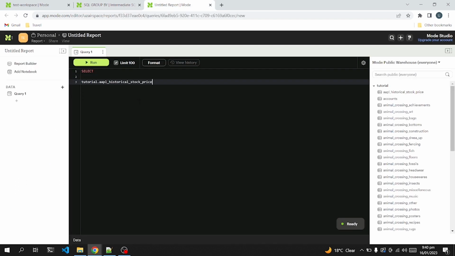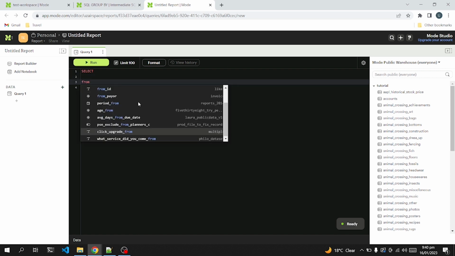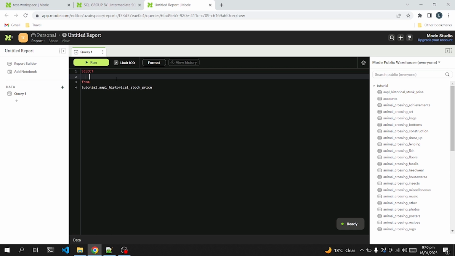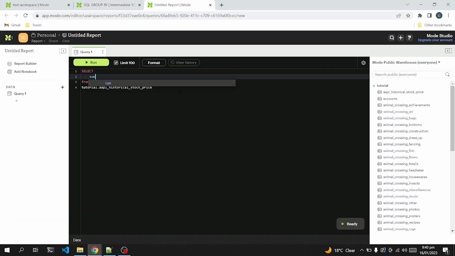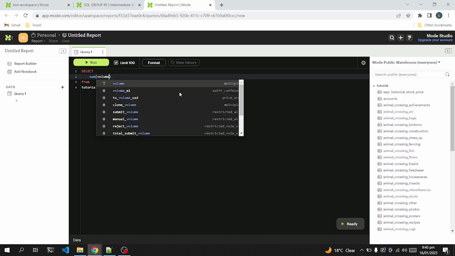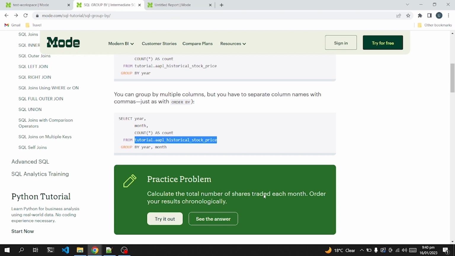Let's check this. We have to calculate the total number of shares traded in each month, so we have to find the sum of volume. Basically, it contains the total shares of that particular stock.